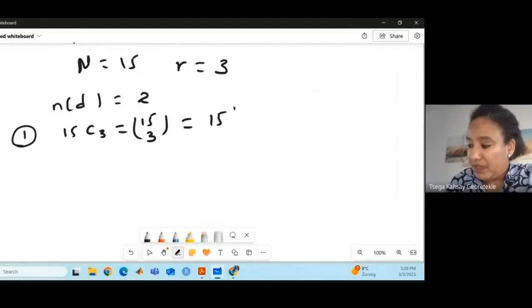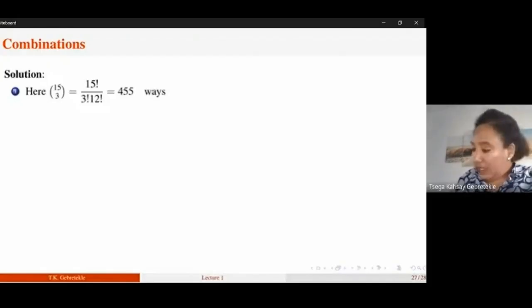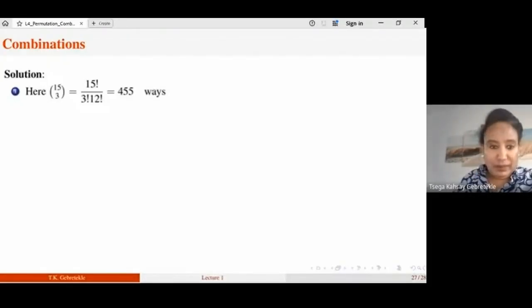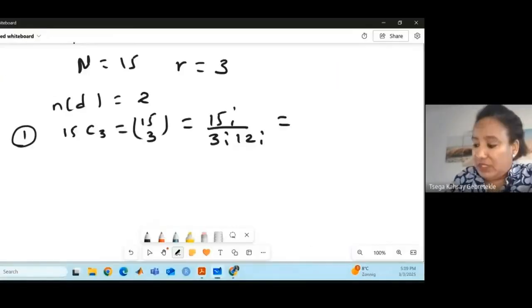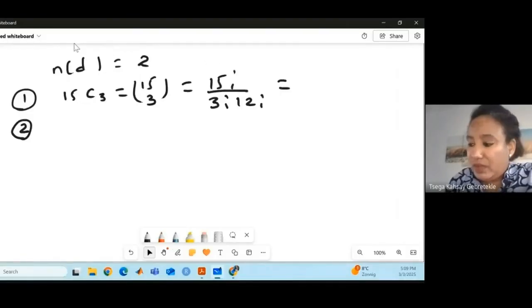This is 15 factorial divided by 3 factorial times 15 minus 3, which is 12 factorial. The answer for this is 455 ways.